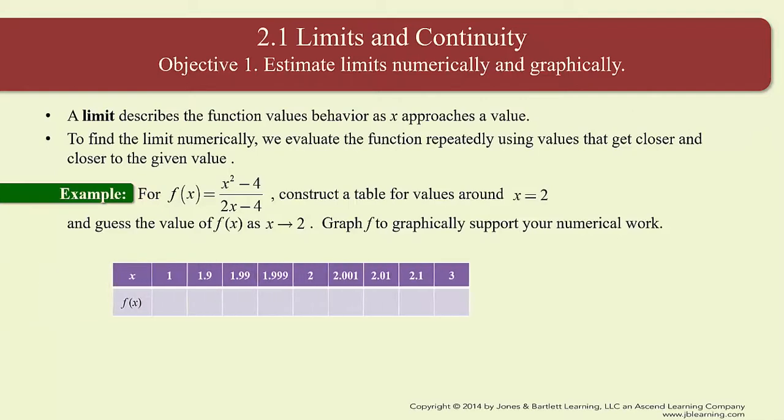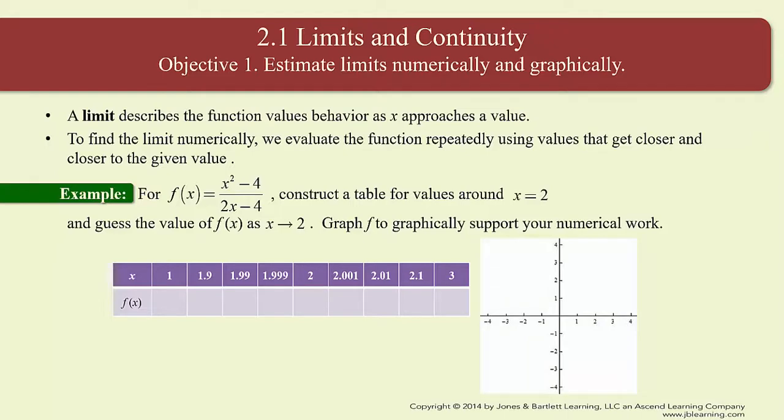For this one, it's going to be slightly different. I've already pre-made the table of values. So notice the x values I've already put into this table: 1.9, 1.99, 1.999, etc. We're going to put those values of x into the function, and we're going to see what comes out. And then we'll look at a graph.